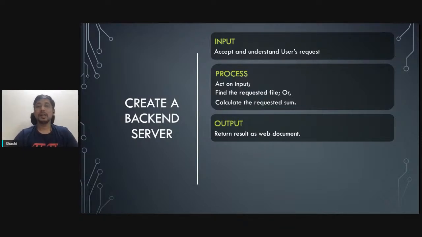The only difference is the input and output legs of this journey have to happen somewhere else. Your web server should be capable of taking input from a remote computer. For example, when you try to search something in Google, right? Google servers are capable of taking input from your browser, processing it, finding out what search results are relevant to your search term, right?